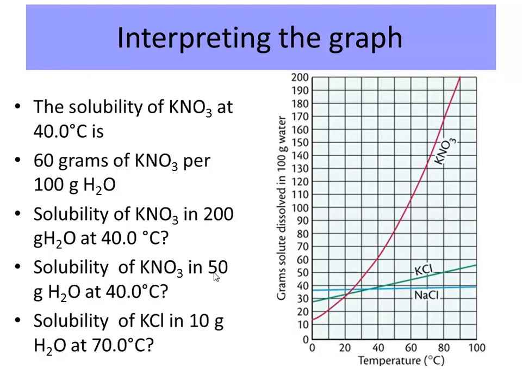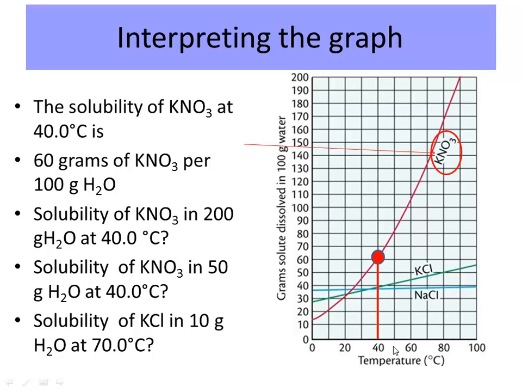So moving forward, let's take a look at this first bullet point only. So the solubility of KNO3 at 40 degrees Celsius. So first thing we have to look at the line. We're talking about KNO3. Next thing, 40 degrees Celsius is the temperature.